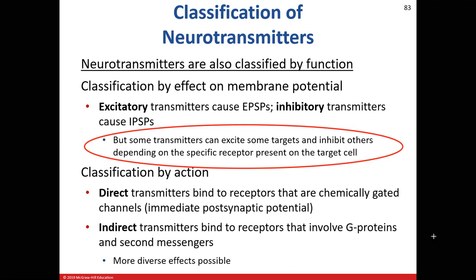However, one of the differences between the two is that direct neurotransmitters typically bind to give an immediate response. They're going to have one particular response. With the indirect transmitters, because we're involving second messengers, they can actually lead to more diverse effects in their response.